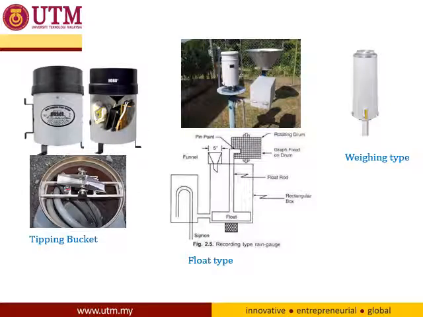Okay, so these are usual types of mechanism. For example, tipping bucket, float type, weighing type. Recently, most of the rain gauges are using this tipping bucket mechanism. There's also a float type mechanism. This is maybe a much older mechanism, and also weighing type.